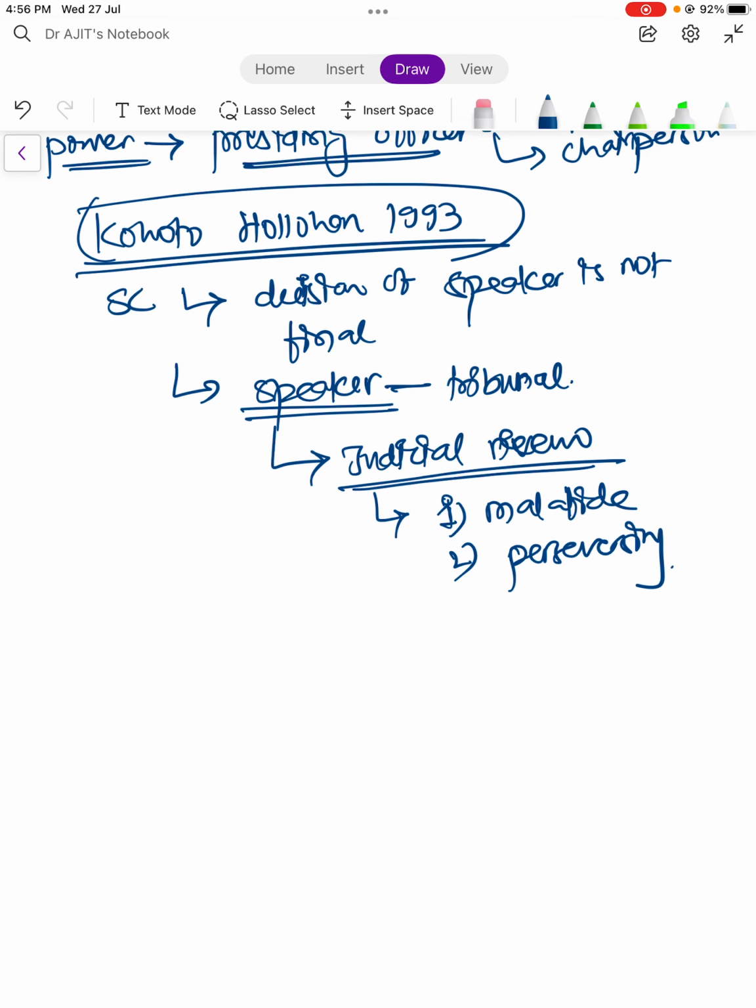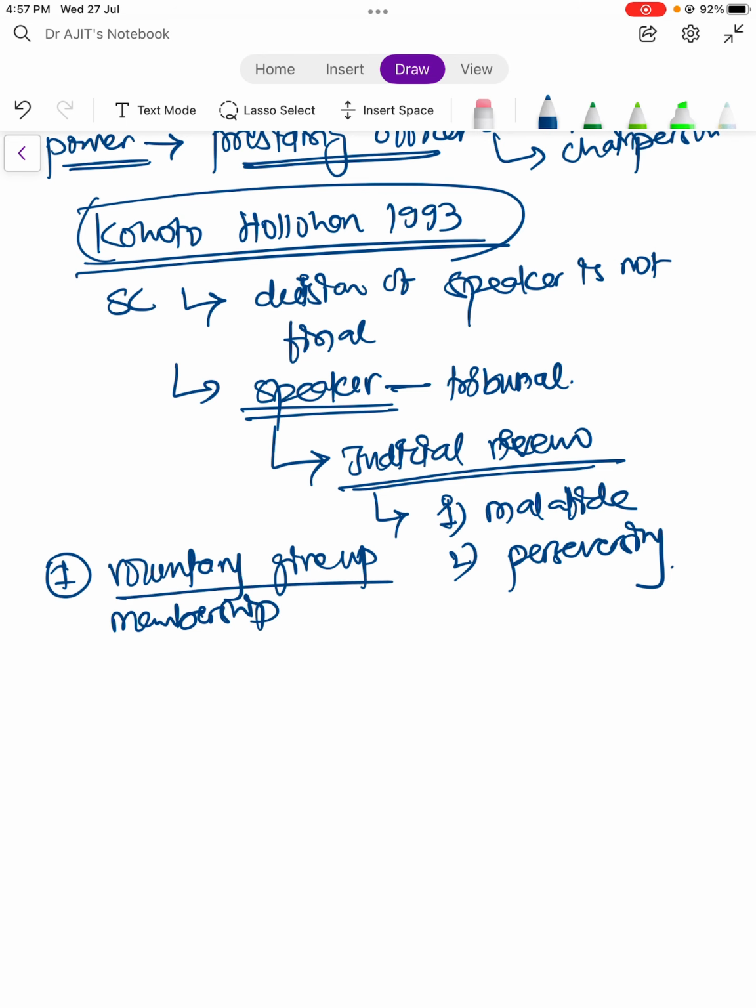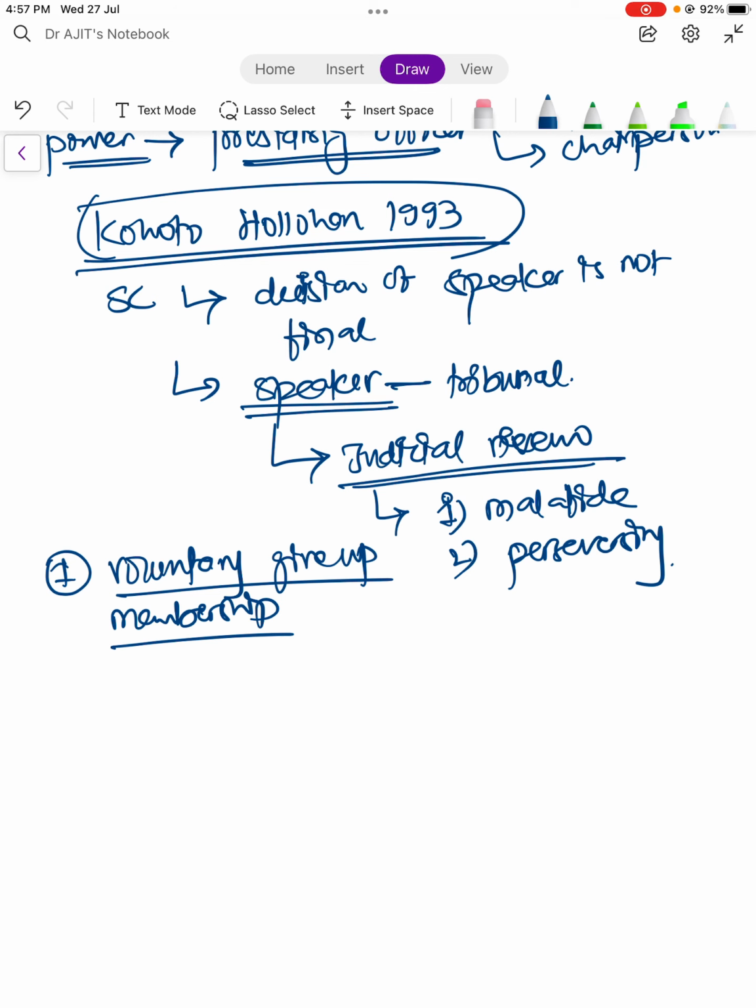Again, the first provision of the 52nd Constitutional Amendment Act is that if someone voluntarily gives up membership, right? If a member who is elected on one political party changes his political party or gives up membership of that party after getting elected, then he is deemed to be disqualified under anti-defection.